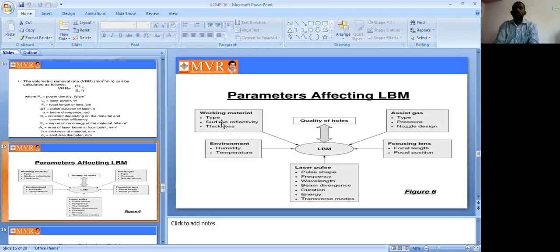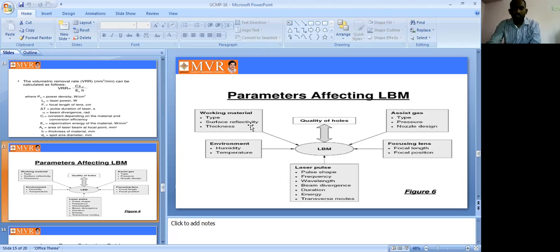Compared to other thermal energy processes like EDM, where any kind of material can be machined, in laser beam machining only some parts can be machined in this process. So the type of working material is very important. Which type of material are we using?